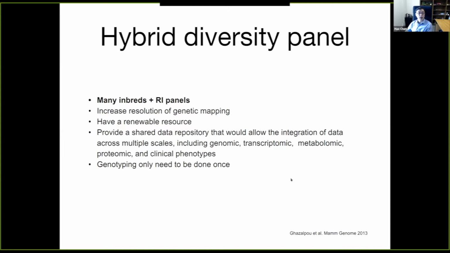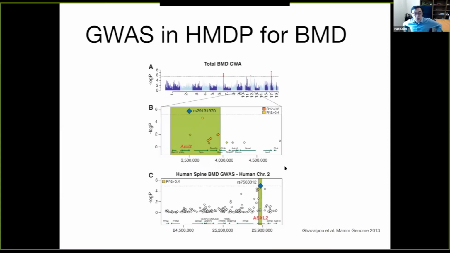And also because the genomes are the same, once the genotyping is done, you don't need to do the genotyping anymore. And the genetic mapping can also be conducted using the same method, such as you can do it on GeneNetwork. So this is one of the early success stories of using the hybrid diversity panel. Again, this is in mice. This is the HMDP.